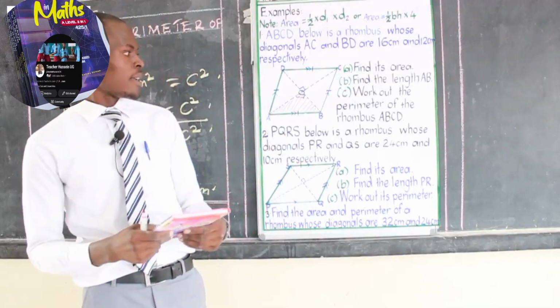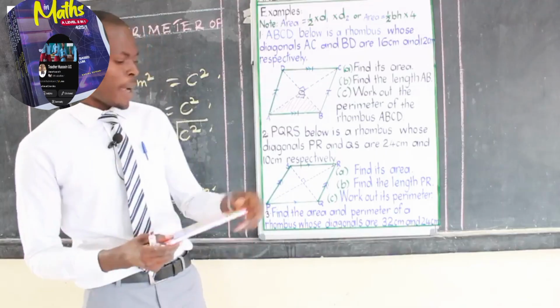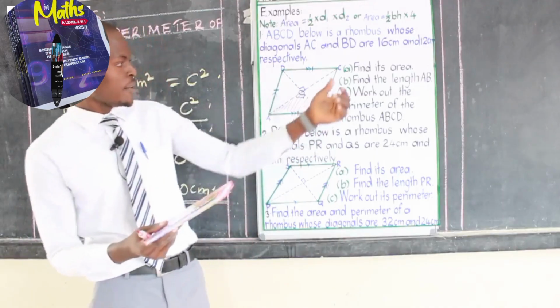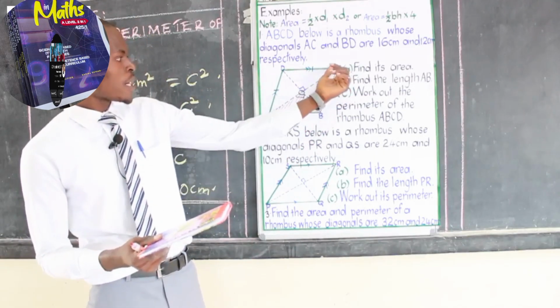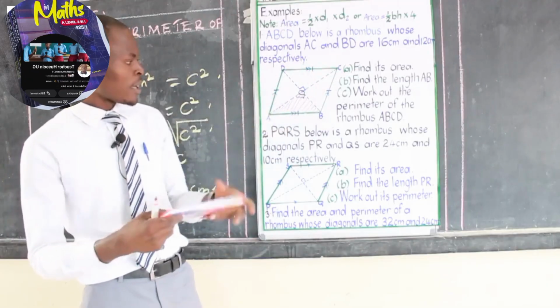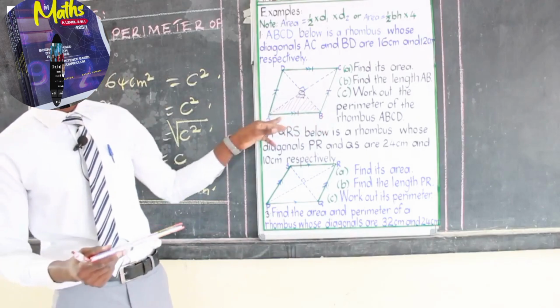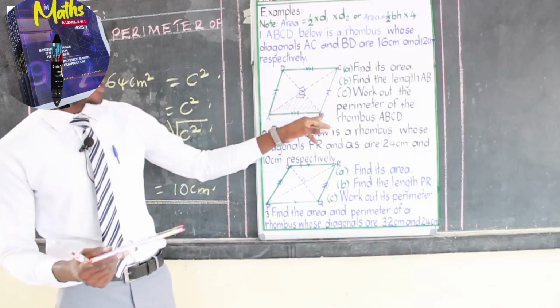They can ask in this way: find the distance around, or find the perimeter. I want us to use this idea to find the perimeter, or the distance around this polygon, which is a rhombus. We've got to know that AB is 10 centimeters.